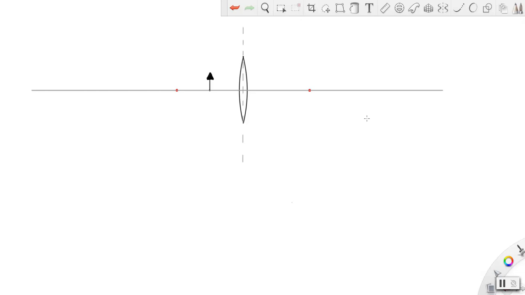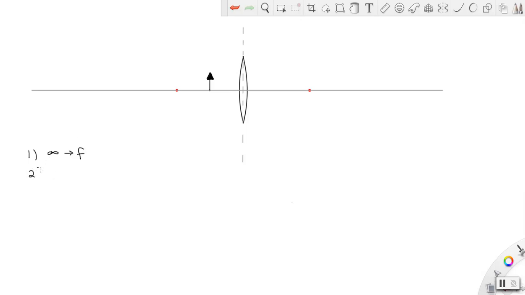Now we can go about our process of ray tracing again. Let's remember what our 3 principal rays are. We have a focal to parallel, or parallel to focal, excuse me. And by parallel, sometimes I'll refer to this as infinite to focal, and the reason is because it comes in infinitely far away, it remains parallel the entire time.